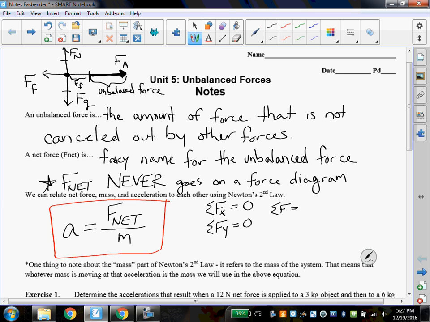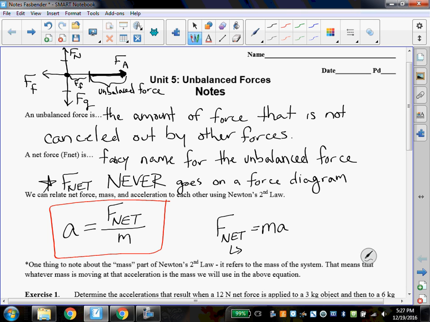And the something else that it will equal is just another way to express Newton's second law. So rather than saying a equals something, we could rearrange this and say F net equals something, and that F net would equal m a.